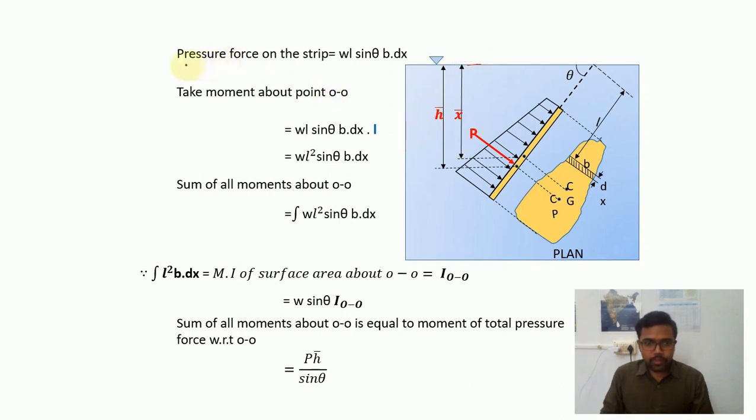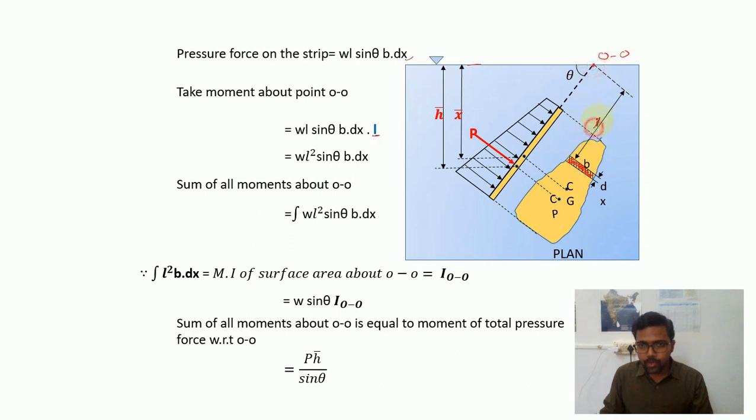We have already found the pressure force on the strip is W L sin theta B dx. We have seen how it comes. Then we take the moment about OO for the small force. We write the force W L sin theta B dx multiplied with the perpendicular distance L, that is the moment about OO.